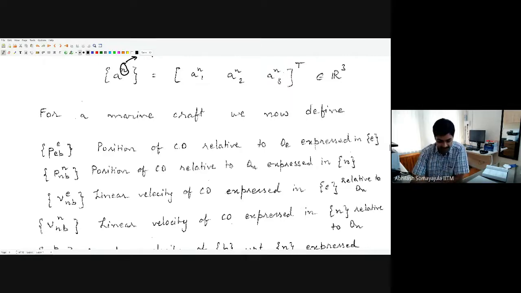Now, armed with these notations and the reference frames and the coordinate points that we have defined, we will now define certain vectors and what they mean. We'll denote the position of the coordinate origin relative to OE as PEB, and when we express this vector in the E frame, we'll denote that as PEB superscript E. Tell me if you are able to understand this notation.